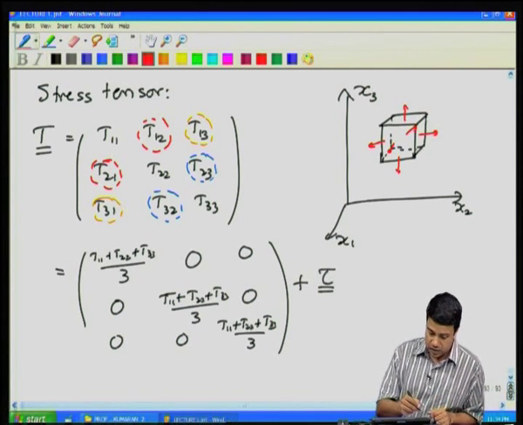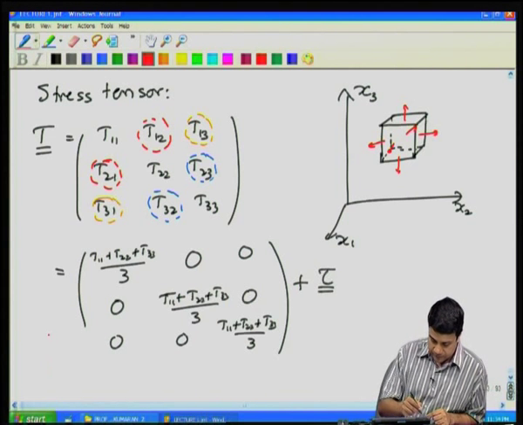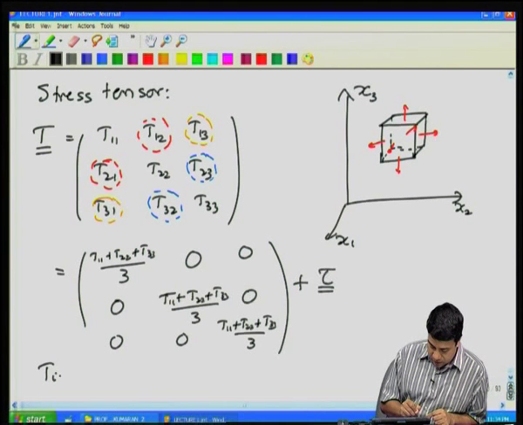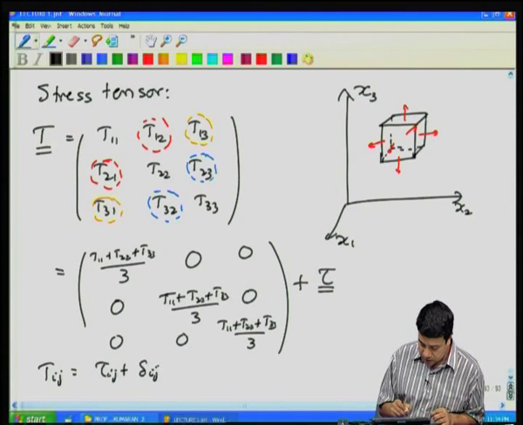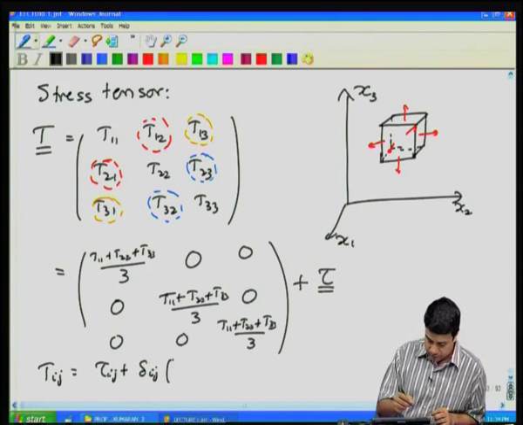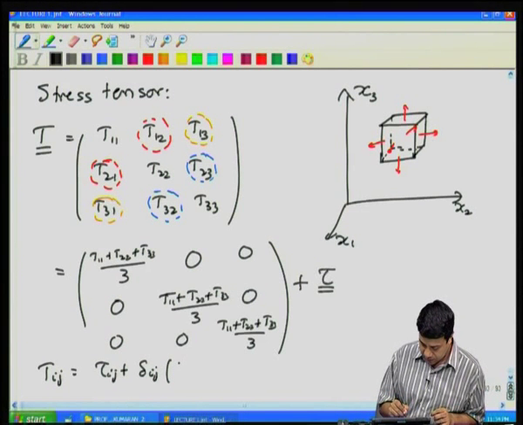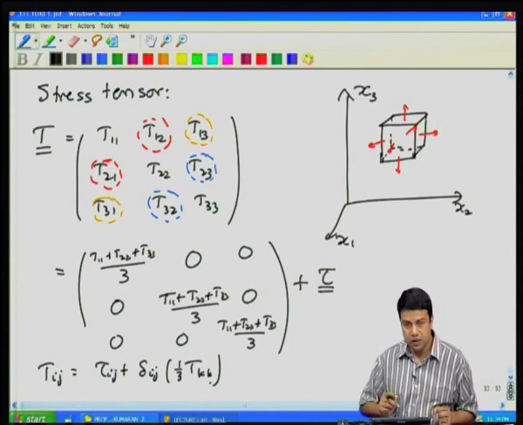Okay. In our indicial notation, I can write this as Tij is equal to tau ij plus an isotropic part, okay, delta ij times 1 by 3 Tkk. Okay.